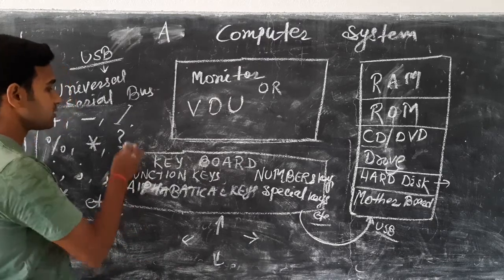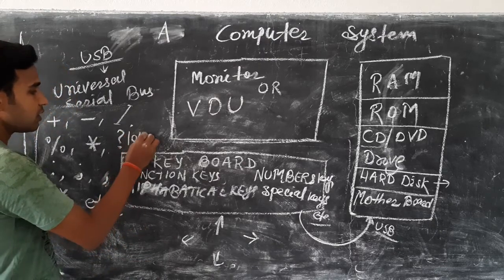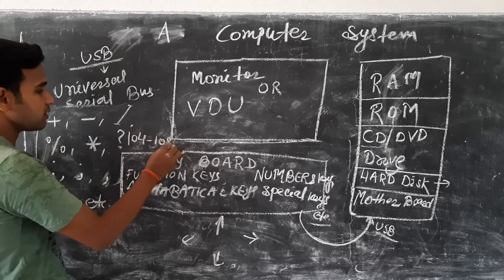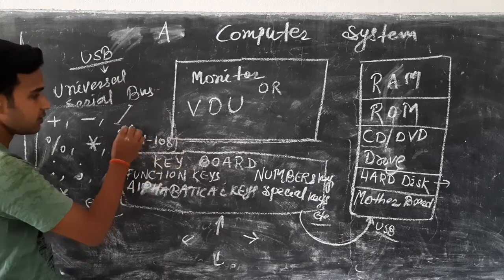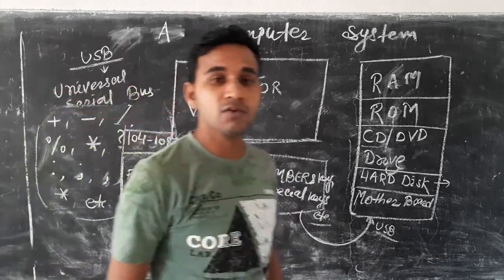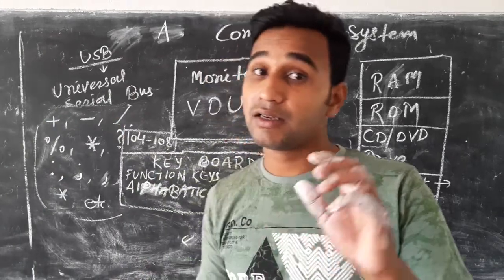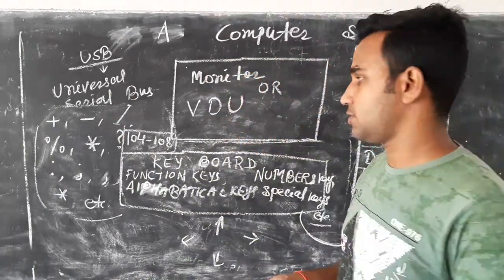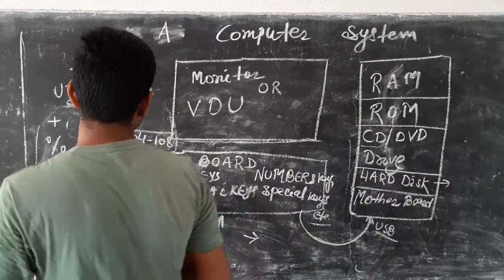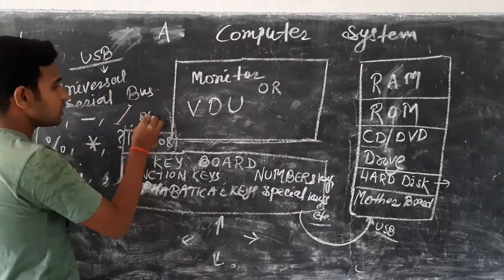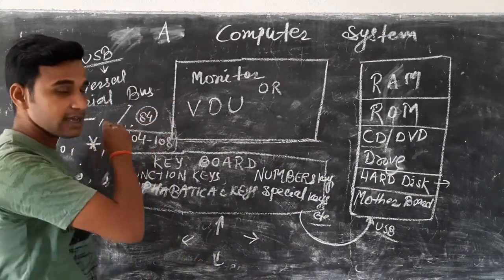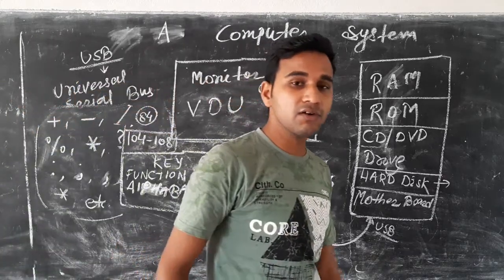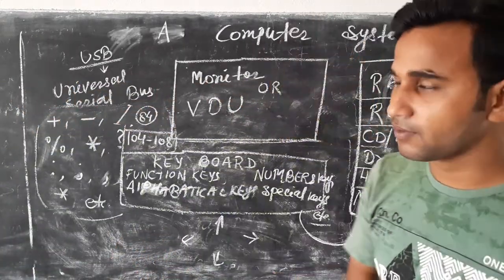A keyboard has 104 to 108 keys. A small keyboard is also available, and it has only 84 or 85 keys.